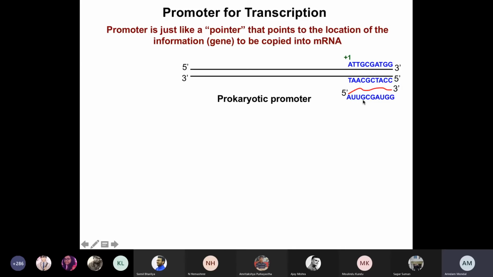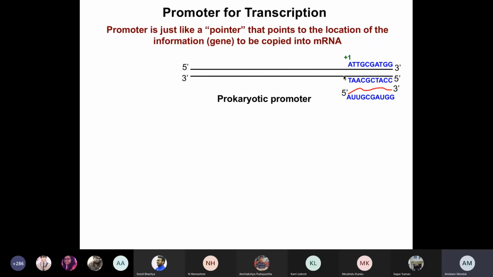In that case, if this is the template strand, you can see this will be the sequence of the RNA strand: UAA, CGC, GCG, AUG, CG. So the RNA which will get synthesized will be perfectly complementary to the template strand.